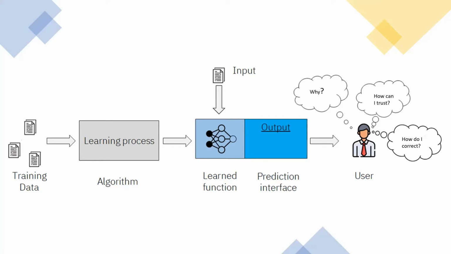Or how do I correct this model? Or why has the model predicted diabetes? Such questions are not usually answered in traditional machine learning models, whereas explainable AI tries to fill the gap.